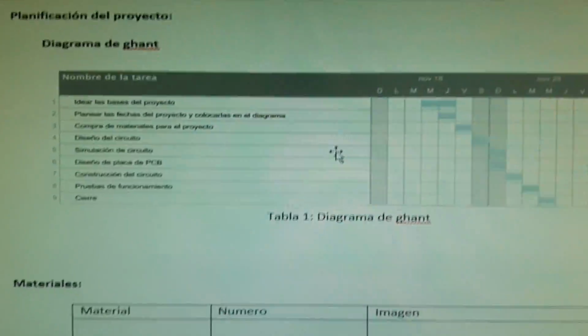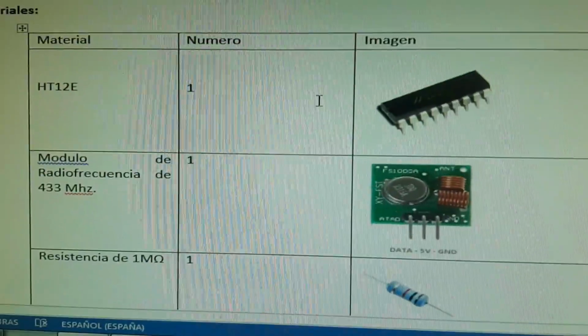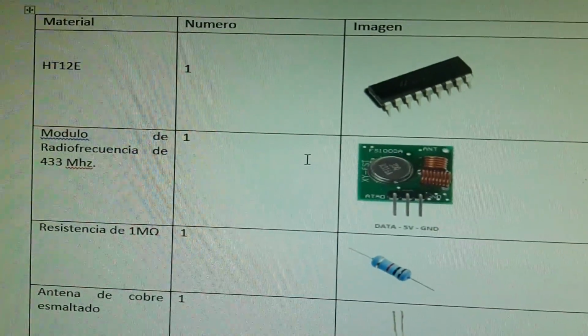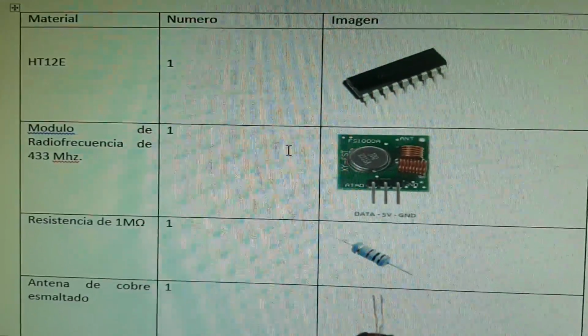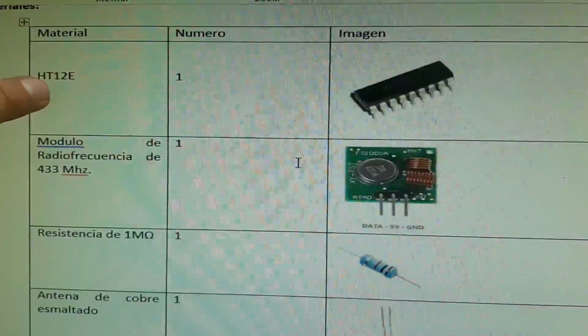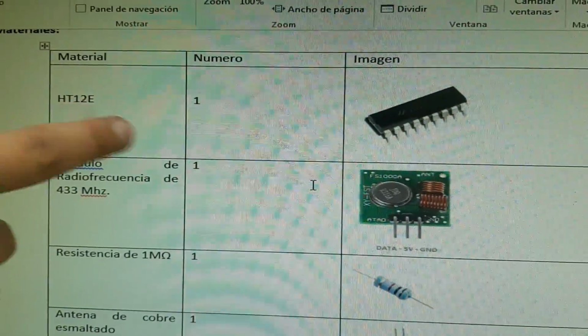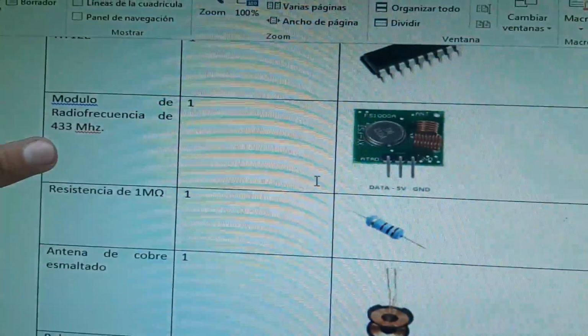Then materials. First, the HT12E, one component.